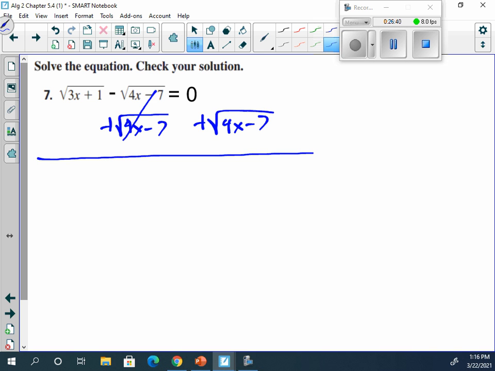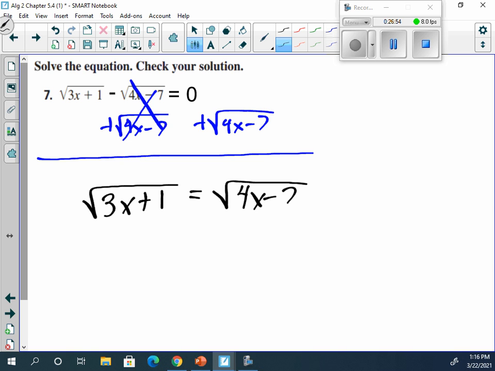Because these two here will cancel out, it'll leave us with the square root of 3x plus 1 on the left-hand side. And on the right-hand side, we'll have the square root of 4x minus 7. We can add or subtract, just like with numbers, to both sides with these radicals.